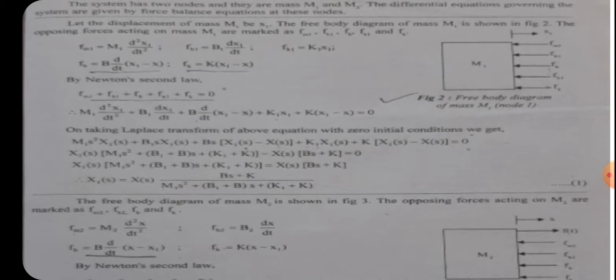On taking Laplace transform of the above equation with a 0 initial condition, we get m1 into s square x1 of s plus b1 s into x1 of s plus b into s into x1 of s minus x of s plus k1 into x1 of s plus k into x1 of s minus x of s equal to 0. In this equation, x1 of s can be taken outside, so that we will get x1 of s into m1 s square plus b1 plus b into s plus k1 plus k minus x of s into bs plus k equal to 0.